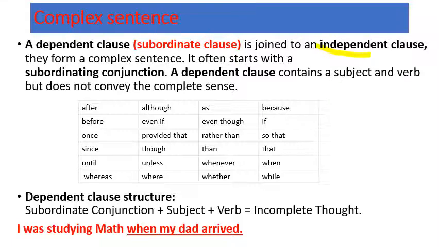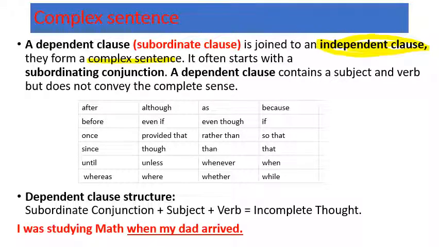If I want to explain it briefly, I would say a dependent clause is a clause that needs a completion. It can't stand alone without a need for a completion. Let's say it is joined to an independent clause. They form a complex sentence.